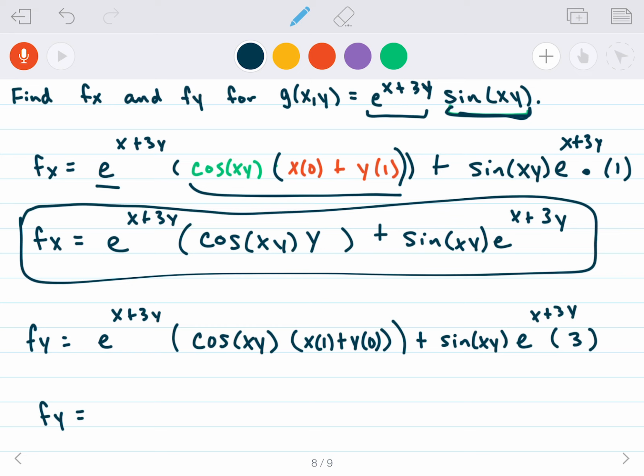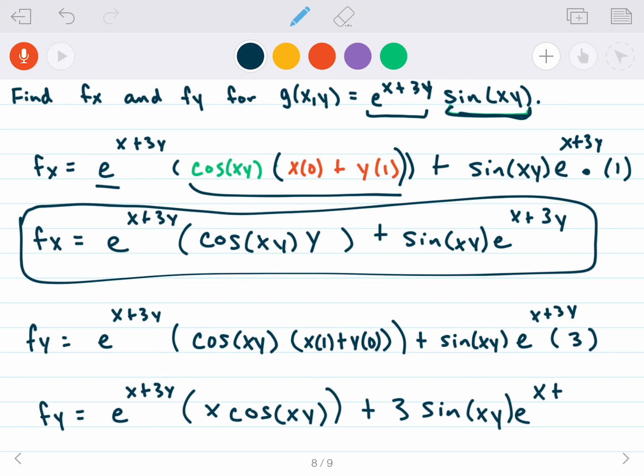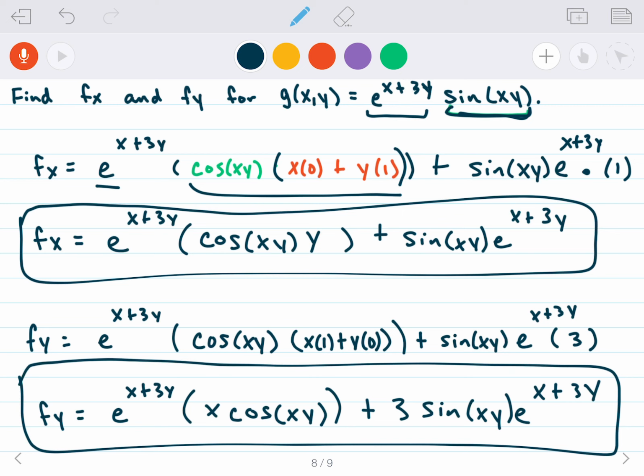We have partial derivative with respect to y is e to the x plus 3y times x cosine xy plus 3 sine of xy e to the x plus 3y. Okay, so we just found the partial derivative with respect to x and the partial derivative with respect to y.